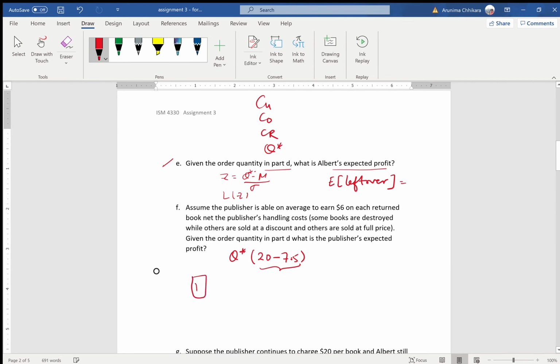So we have the publisher, then we have the retailer, then there is some unsold, all of those which are unsold, let's call it QU. All of this QU quantity gets sent back to the publisher.